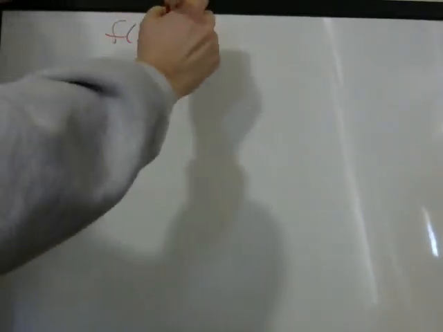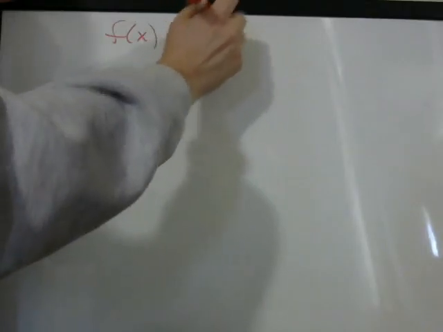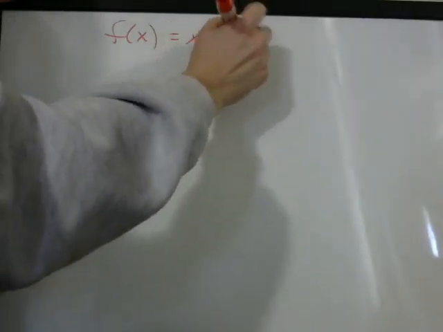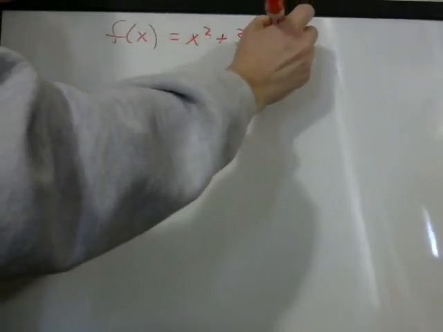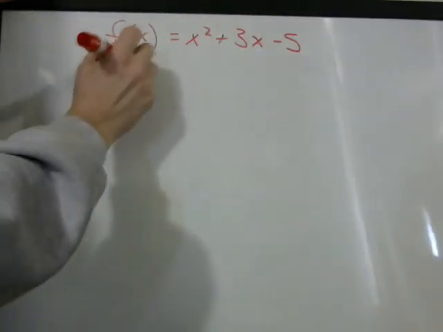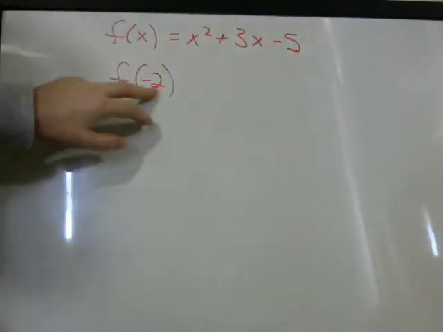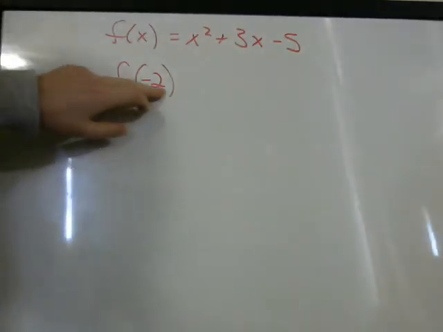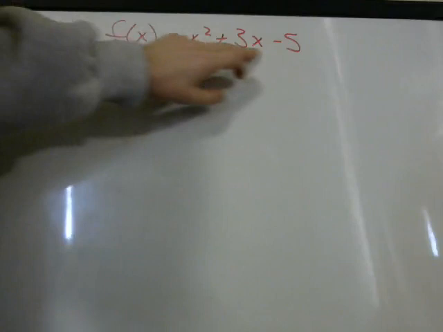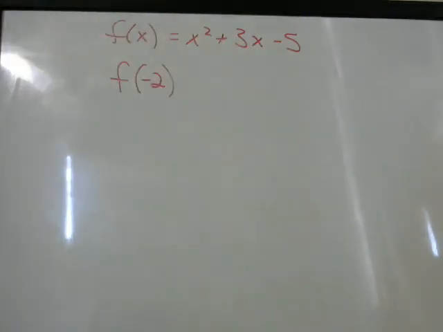f of x equals x squared plus 3x minus 5. What is f of negative 2? So you can have negative numbers in here as well. Whatever is in here is what you're going to substitute in for that x.